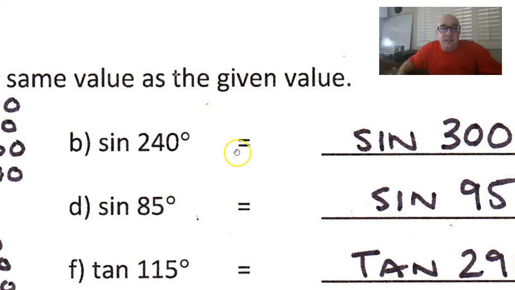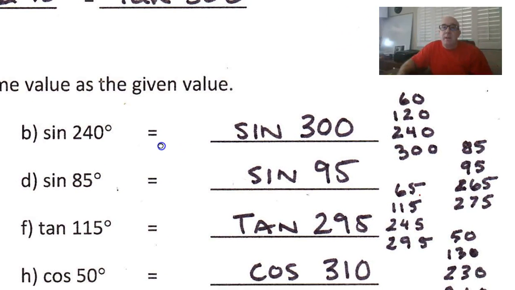So if I was doing this one of 240, I found out the reference angle was 60, and the other angles were 120, 240, and 300. And it was these two that had the same value. Here, the sine of 85 happens to be a reference angle, and so I found the other three angles, and the 95 was the one that was the same, and so on.